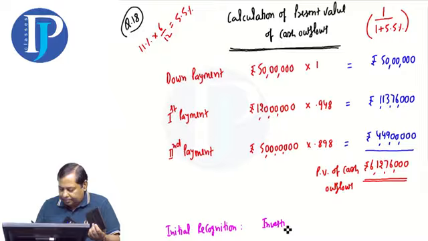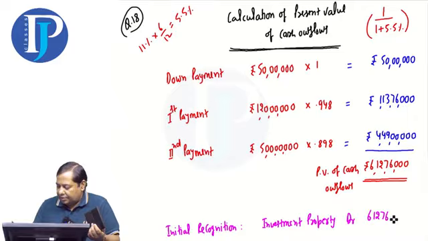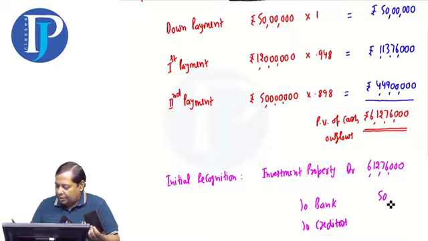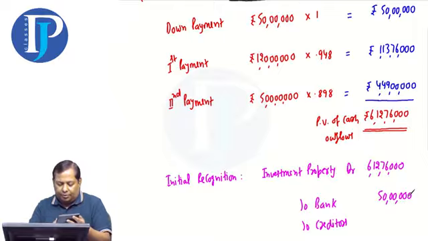Investment property debit 6,12,76,000, to bank, to creditors. So the down payment is 50 lakh rupees. Okay, students? Then you can just book the remaining amount.